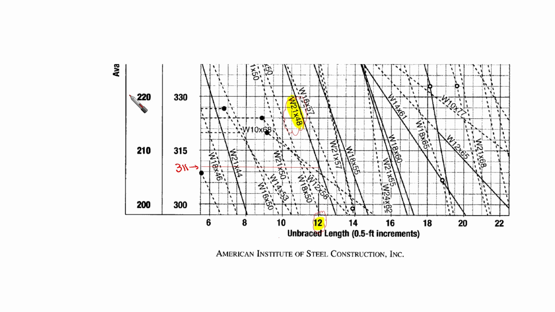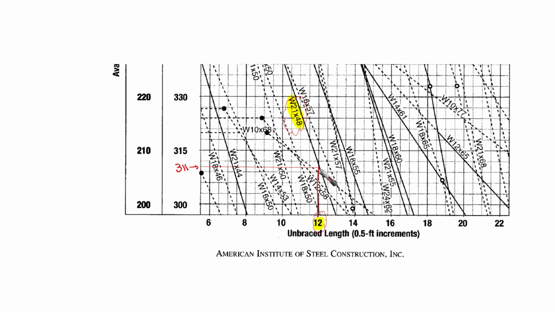So we are going here. This is 250, and we go with this line until we reach 300, so we are dealing with 299 here, and we are here. This is 12.